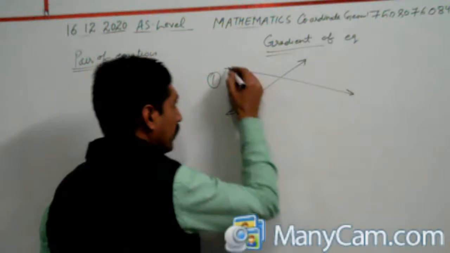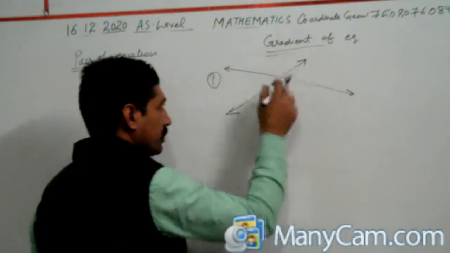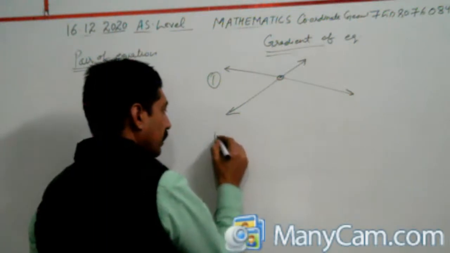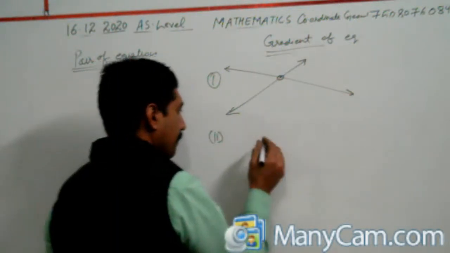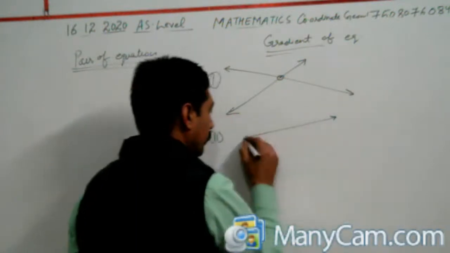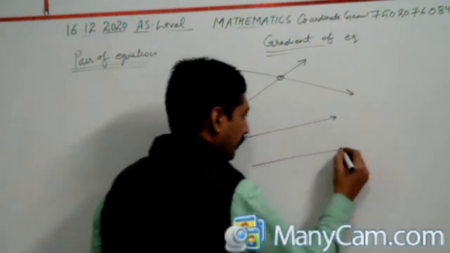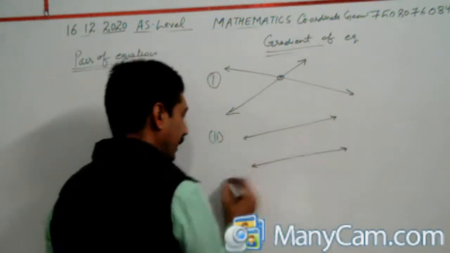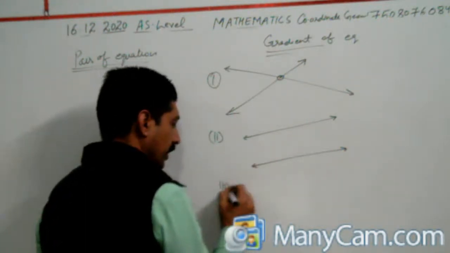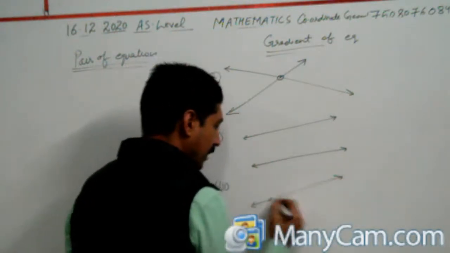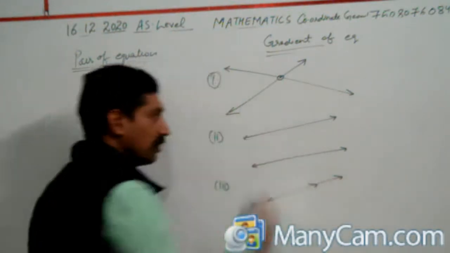If we plot the graph, they may intersect. Second, they may be parallel to each other. If one you are plotting and another you are plotting here, they may be parallel to each other. And the third one, the lines may coincide. These are the three possibilities.